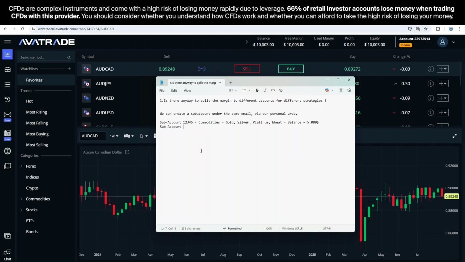This way, I'm going to write down, let's say, this is my other account. Of course, it's a fictional number. I just made it up at the moment to show you an example, and this will be, let's make it swing. We don't really swing with $5,000, but again, just bear with me for the sake of the discussion.